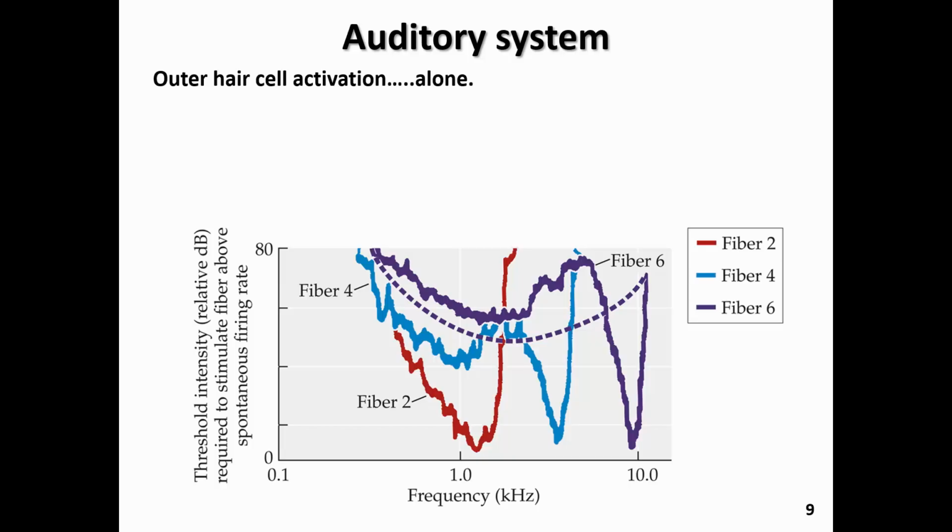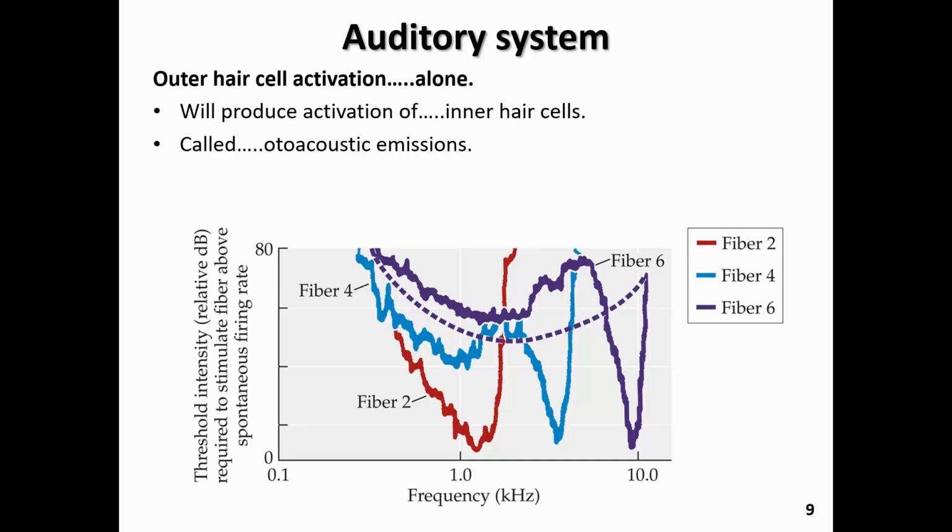Another illustration here in this bottom figure will depict where these inner hair fibers are tuned depending upon the activation of the outer hair cells. So if we just, in the absence of a mechanical wave, which is the actual sound being transmitted, so with no sound, if we were to send an efferent signal to the outer hair cells, what would basically happen here?